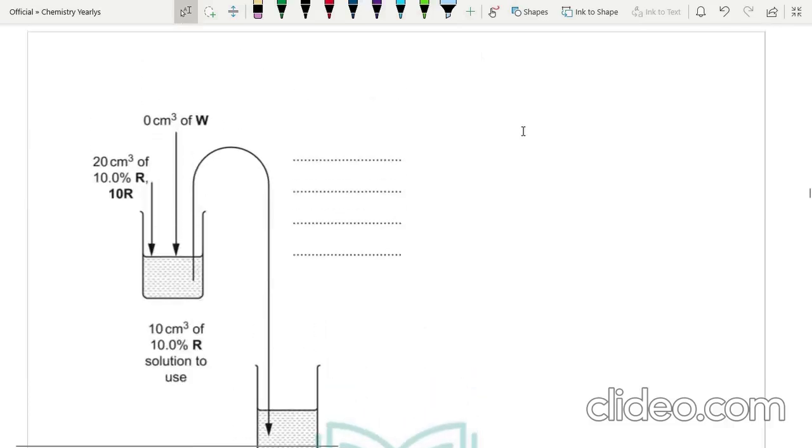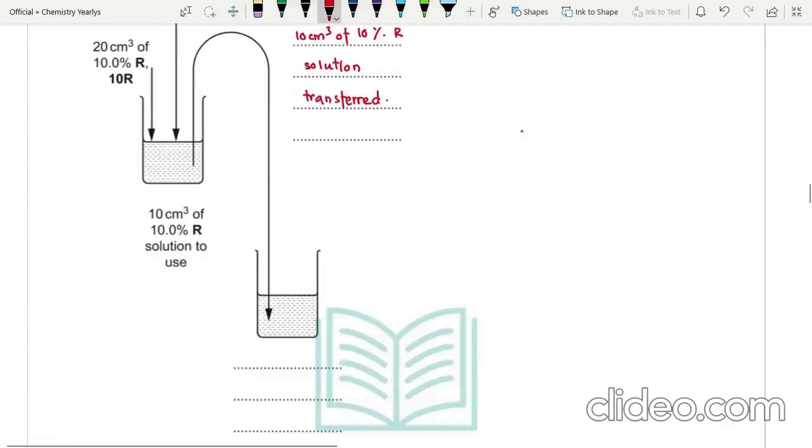So now you can see we have 20 cm cube of 10% R in the start, but we are remaining with 10 cm cube of 10% R solution to use, which means that 10 cm cube of 10% R solution is actually transferred. And now we are also going to be making a straight arrow like this.